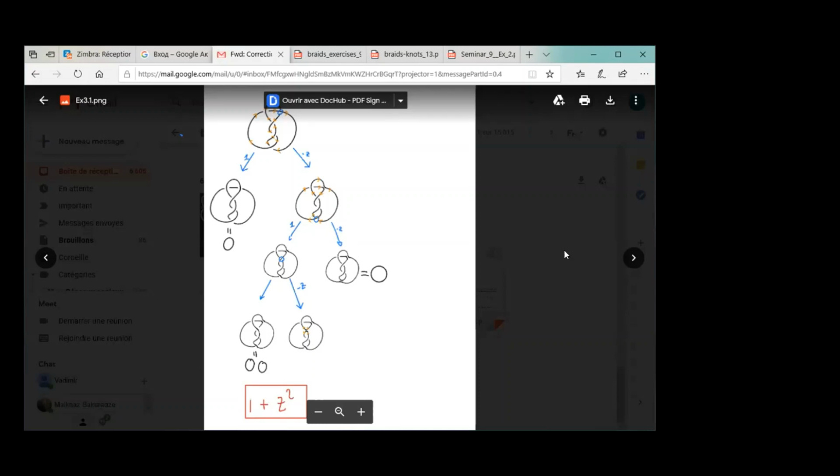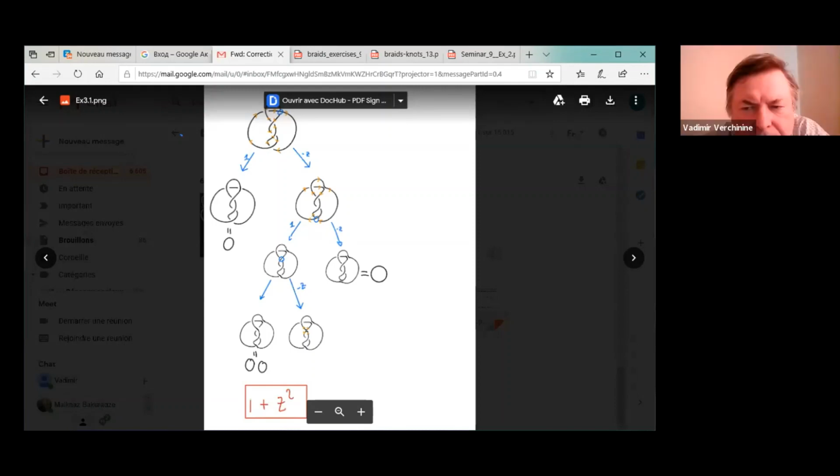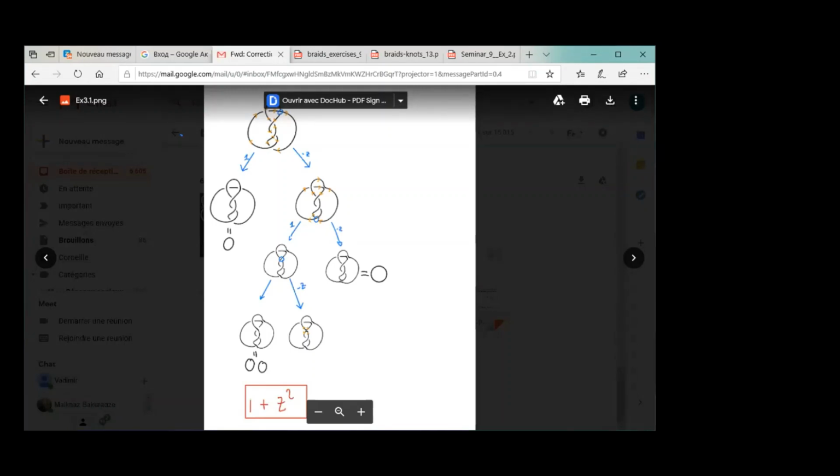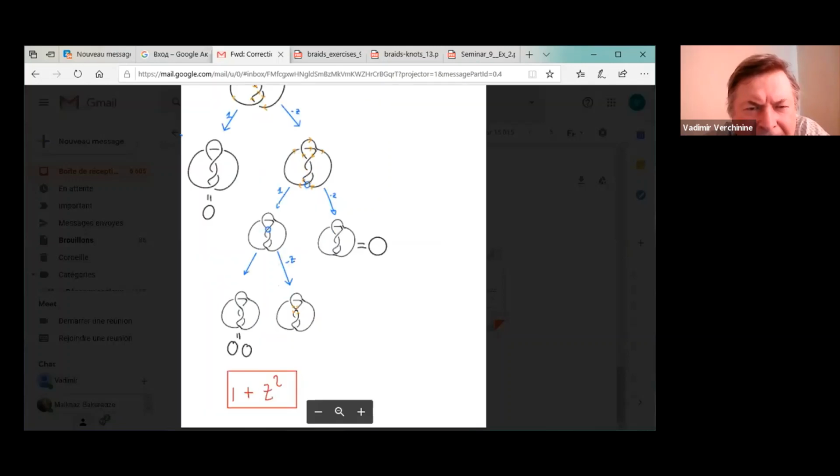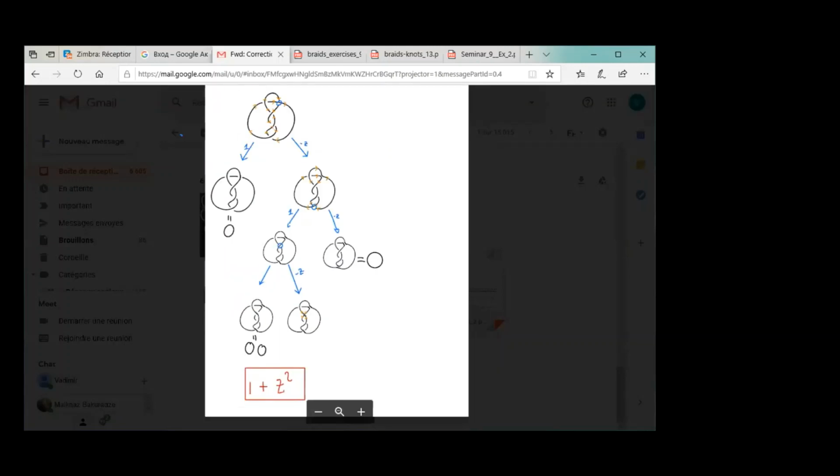If we put this crossing on the top, it will give us the trivial one. And if we smooth the crossing, it will give us the one on the right.